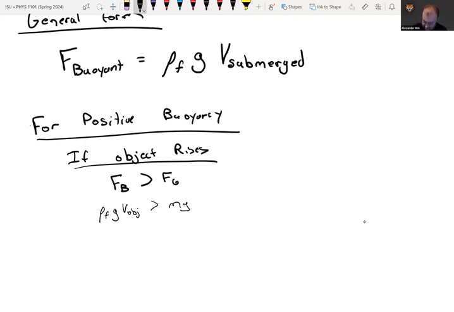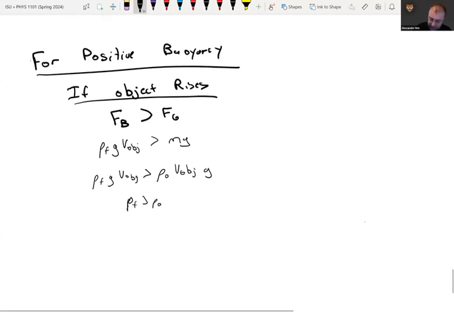This is how we can ultimately derive that the density of the fluid times G times the volume of the object is greater than the density of the object times the volume of the object times G. Notice that the G and the volume of the object will cancel out. So this is just going to leave you with the density of the fluid is greater than the density of the object.